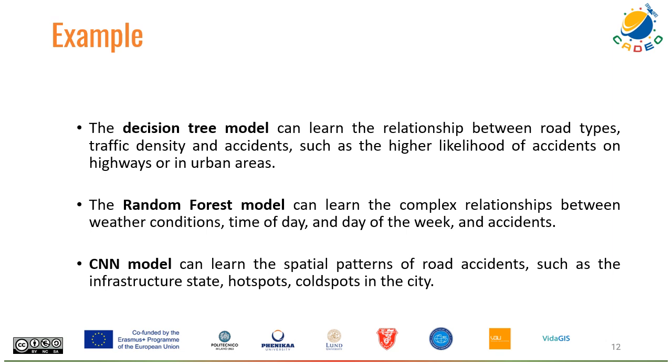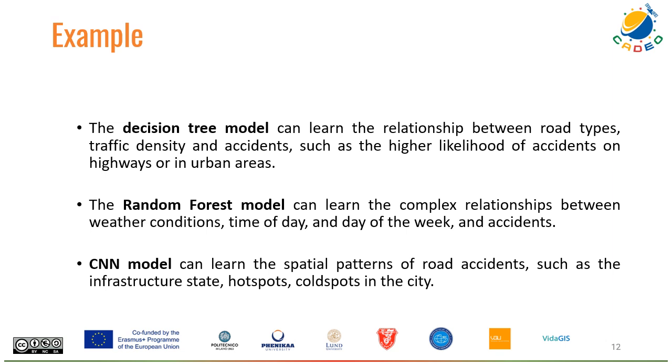For example, it can identify that accidents are more likely to occur on highways or in urban areas with heavy traffic congestion. The second model is a random forest model, which can handle complex relationships between features such as weather conditions, time of the day, and day of the week, and their impacts on accidents. It can discern patterns like increased accident rates during certain weather conditions or times of the day.